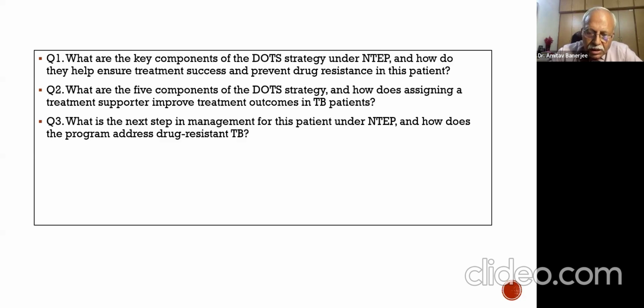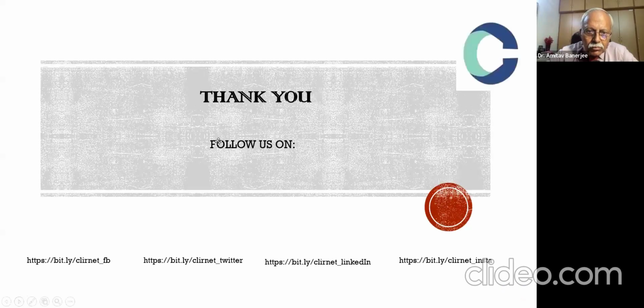This is the gap in the program as of today. For that, I have just done some loud thinking: the way forward to ensure that the drug-resistant tuberculosis problem is also addressed is that we may have to go for whole genome sequencing. Thank you.